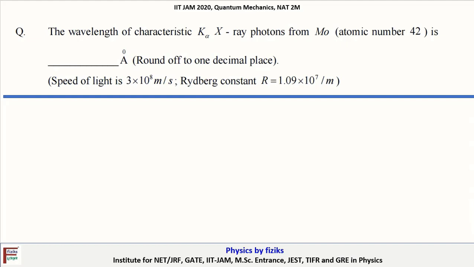The characteristic wavelength K alpha for an X-ray photon from molybdenum, atomic number 42, in terms of angstrom, is?